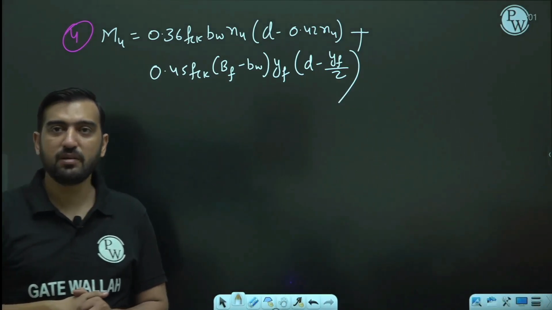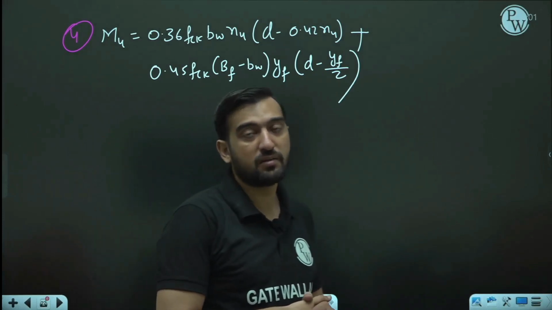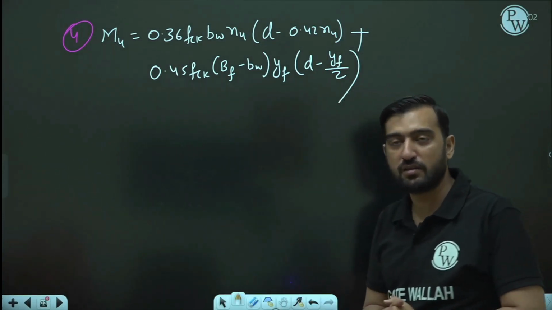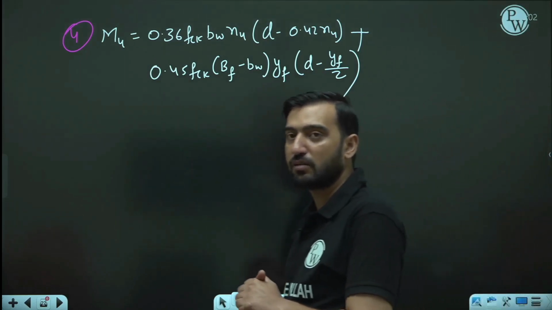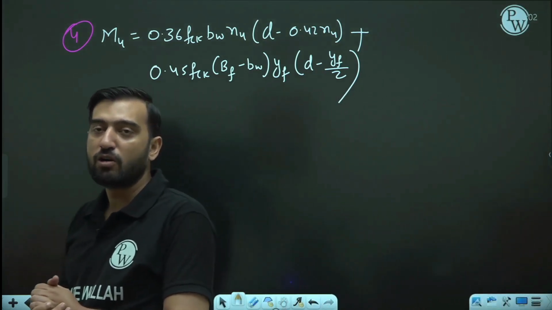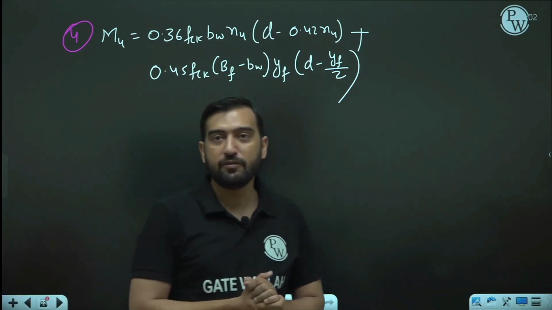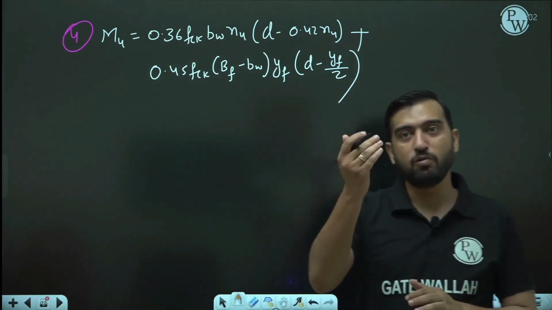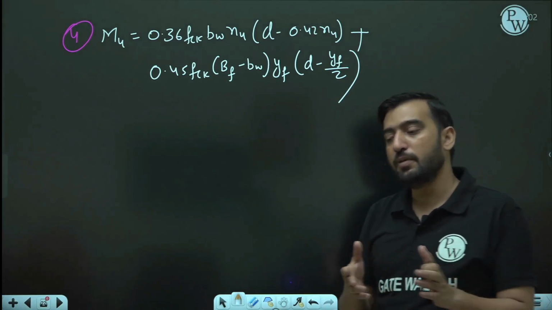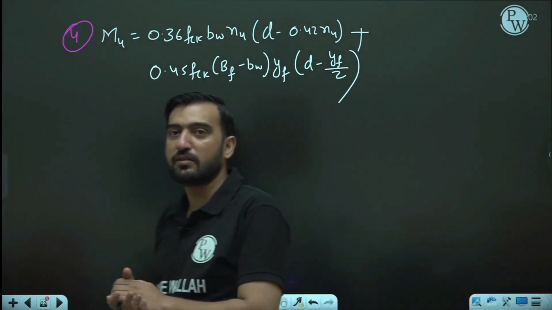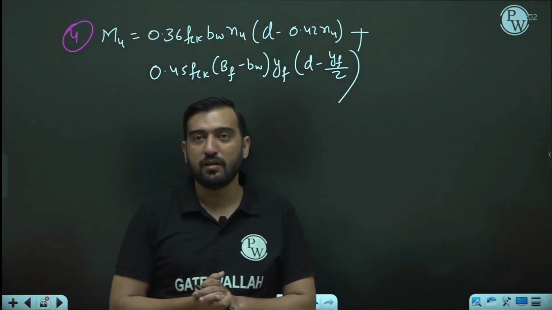Now sometimes there is confusion among students about how we will come to know which case is suitable, whether it is case number 1 or case number 2A or case number 2B. So my dear friend, you have to follow the proper hierarchy. First of all, make sure that your neutral axis is lying in the flange section.